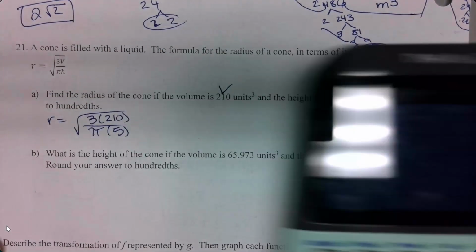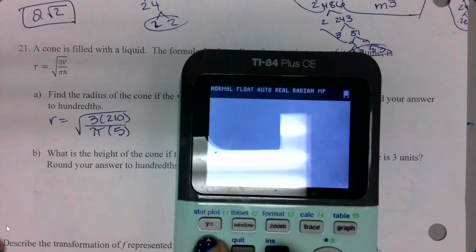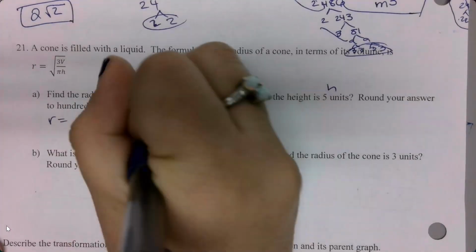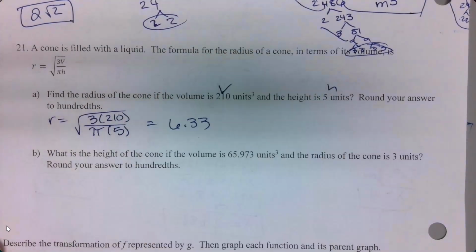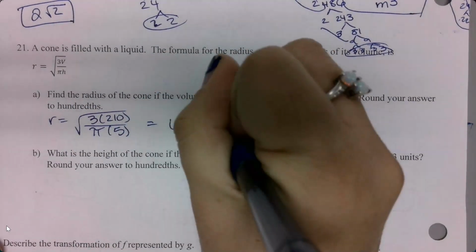So I just want to type into my calculator. I have second square root of 3 times 210 divided by, in parentheses, pi times 5. Hundredths is 2 decimal places, so 6.33. Well, what was I measuring in units?